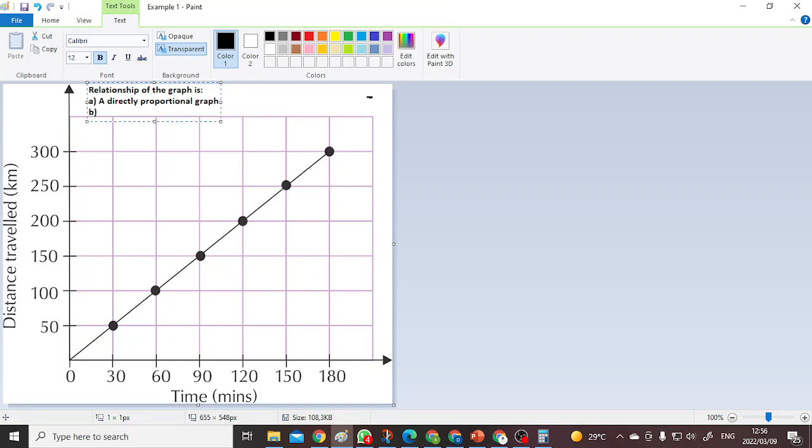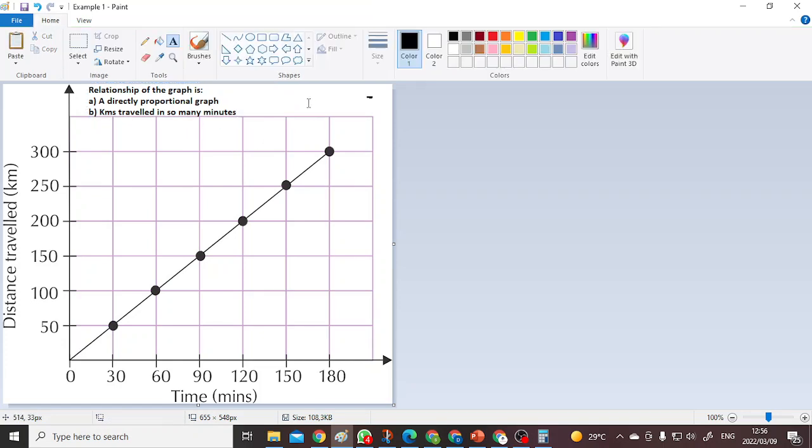B, the relationship is kilometers traveled in so many minutes. Kilometers traveled in so many minutes. That is how you describe the relationship of a graph. Okay? It is either a directly proportional graph or kilometers traveled in so many minutes.